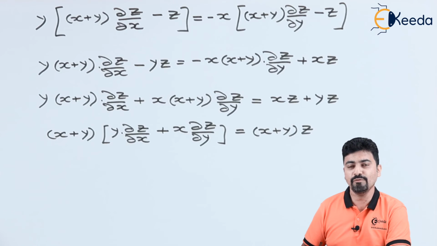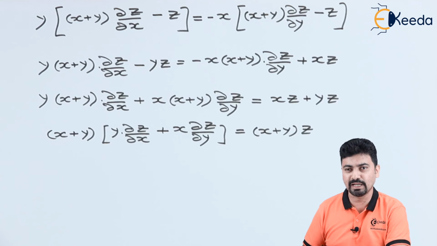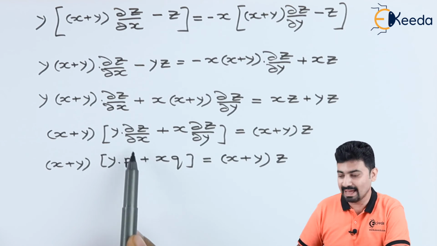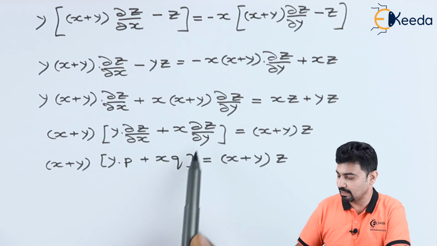In this step, if we assume del z by del x to be p and del z by del y to be q, we can write this in short as follows. So here we have assumed del z by del x as p and del z by del y as q.